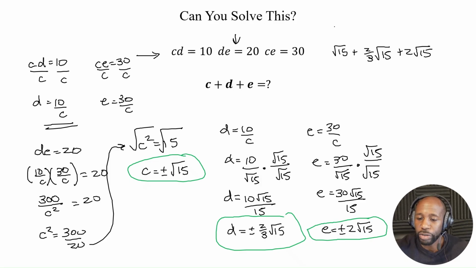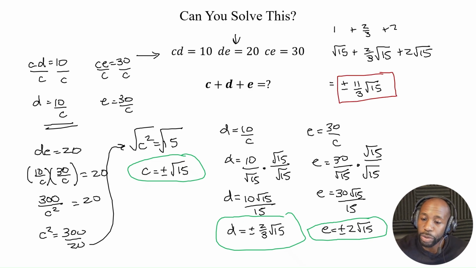So we have to add 1 and 2/3, the coefficients, and 2. So that's 3 over 3 plus 2 is 5 over 3 plus 6. So this equals plus or minus 11 over 3 square root of 15. That's the final answer.